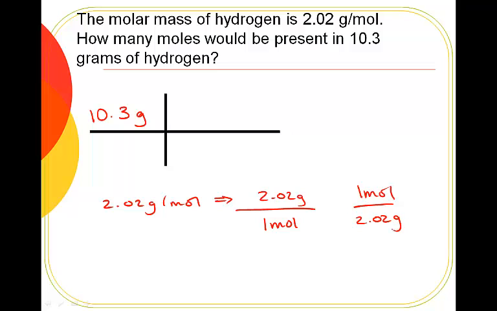In this case, we want our grams to cancel, so we'll put 2.02 grams on the bottom and 1 mole on top. Grams cancels out, leaving us with mole, which is the unit we want. So 10.3 times 1 divided by 2.02, we have 5.10 moles of hydrogen.